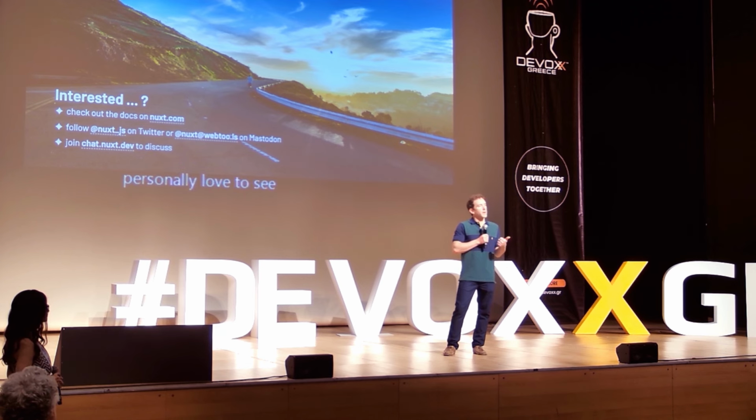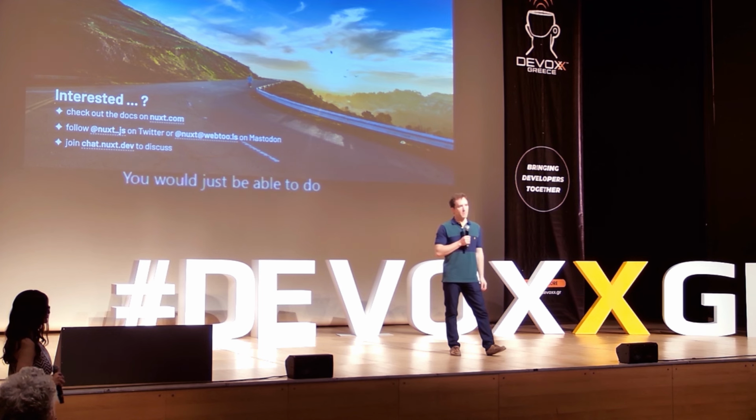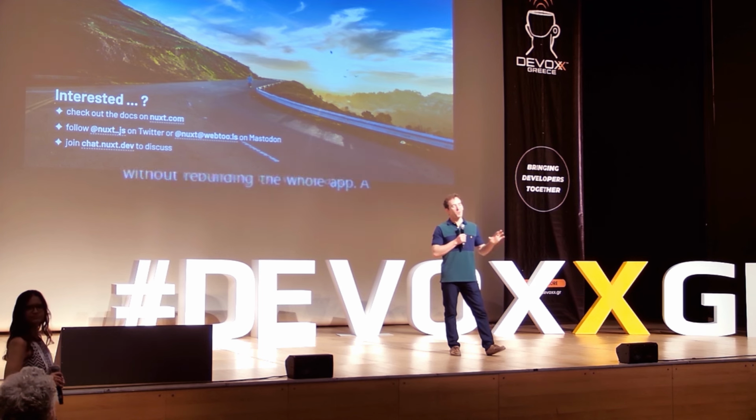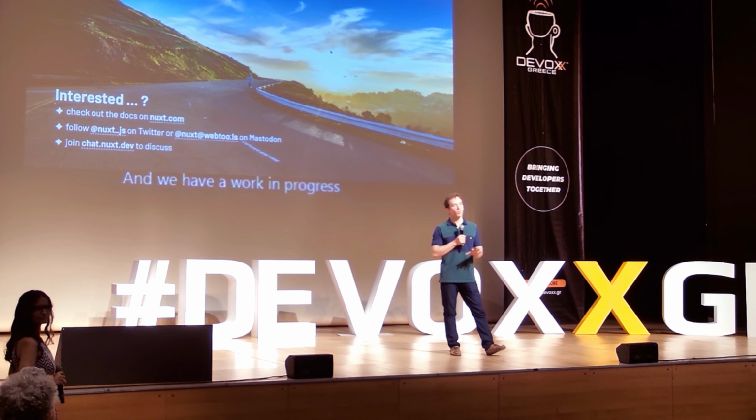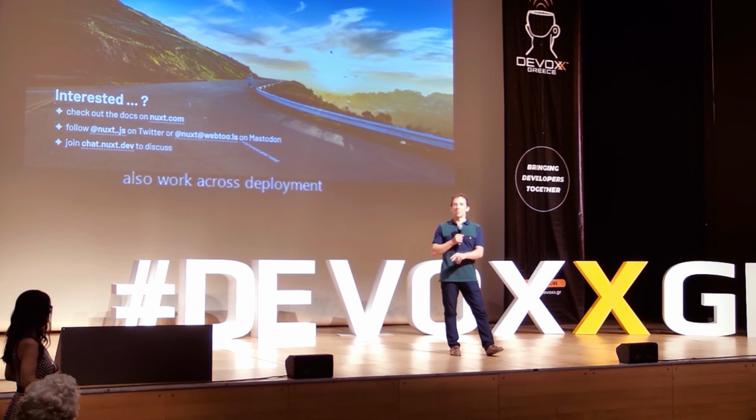So we, in Nuxt 2, had the concept of a cache. If you'd already built the app once and you needed to regenerate some pages, you would just be able to do that without rebuilding the whole app. And we have a work in progress on build cache support, which means that we should be able to avoid rebuilding your app when parts of it haven't changed. And that should also work across deployments on providers who support it.